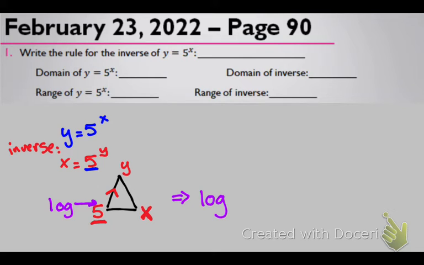What's the first number I see when I read across the bottom? 5. That's the first number I write. That's my base. And what's the next value I see? X. That's the next one I write.